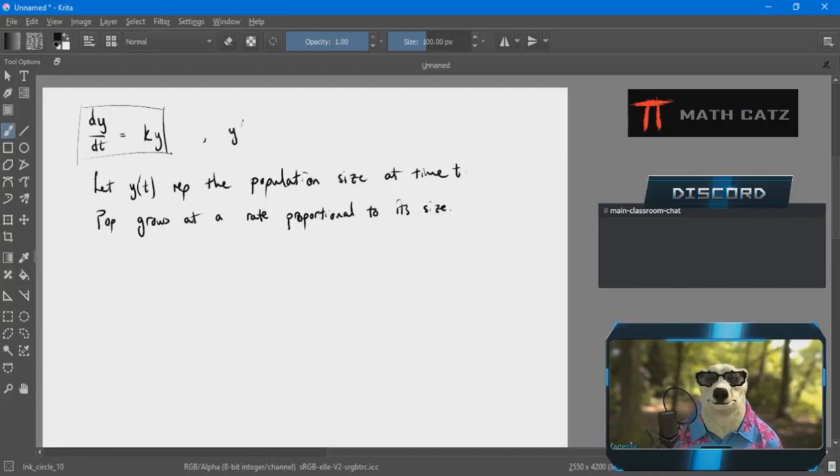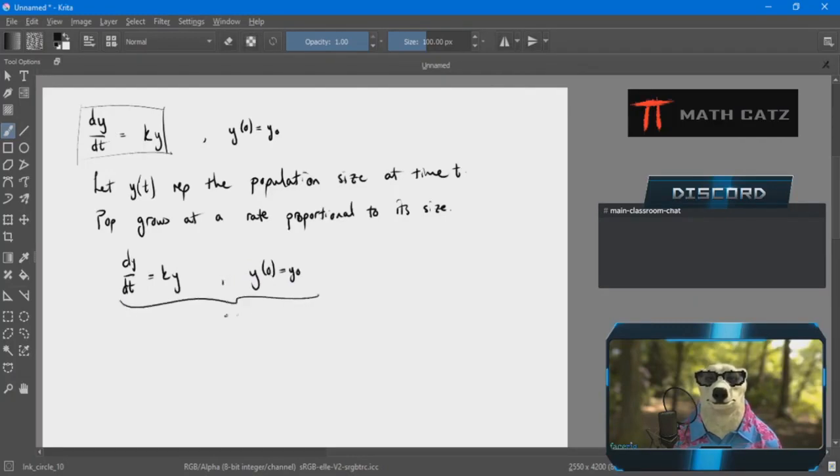I also want to know how many I have in my population originally, my initial population size, and between the two we can solve that differential equation and find the function that describes how the population grows. And we found that, let me just copy the differential equation over here with my initial condition.